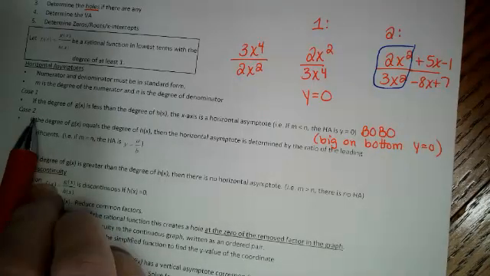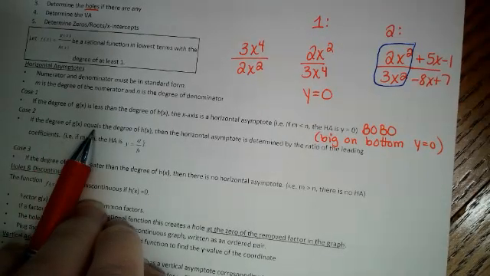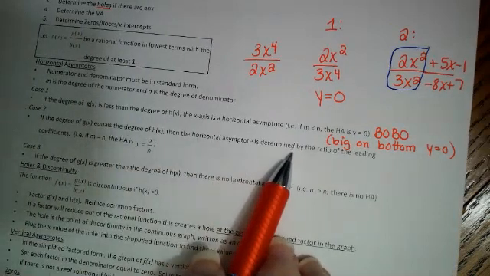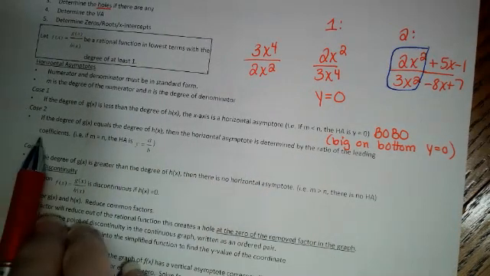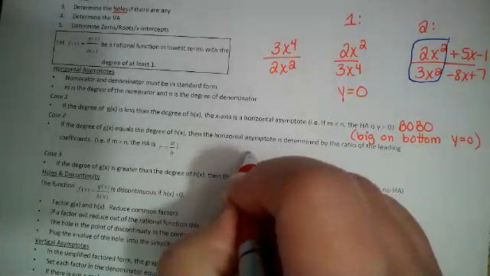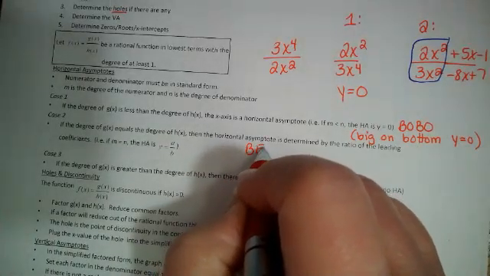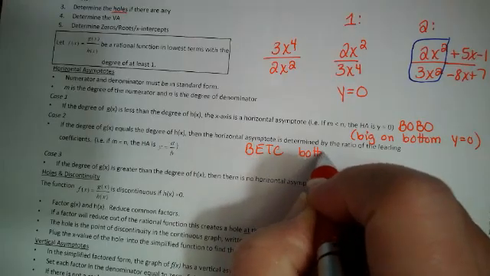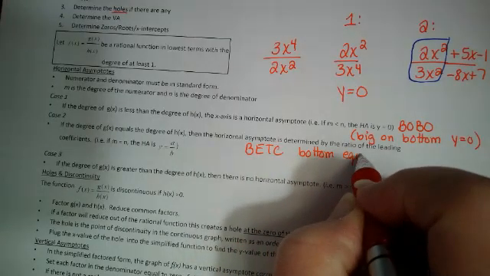That's case 2. If the degree of g of x equals the degree of h of x, then the horizontal asymptote is determined by the ratio of the leading coefficients. Our nickname for this one is Betsy. Bottom equals top.